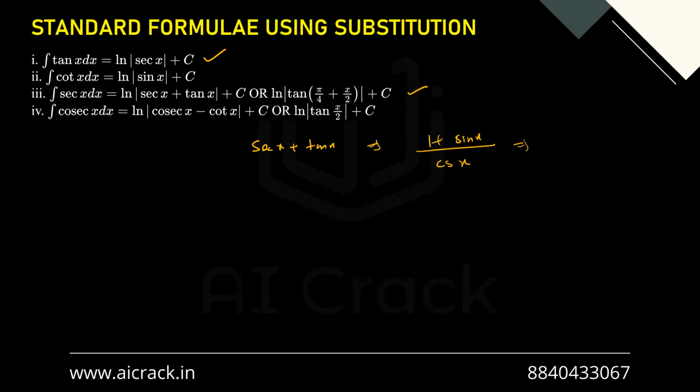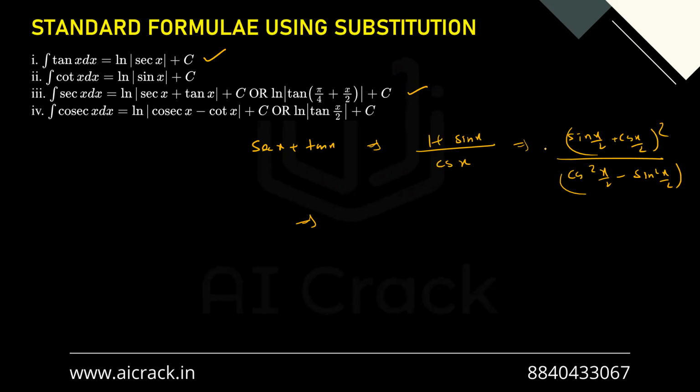Basic identities, right? So this should be nothing but sin x by 2 plus cos x by 2 whole square divided by cos x. So this cos x is nothing but cos of 2 times x by 2, and that is nothing but cos square x by 2 minus sin square x by 2.